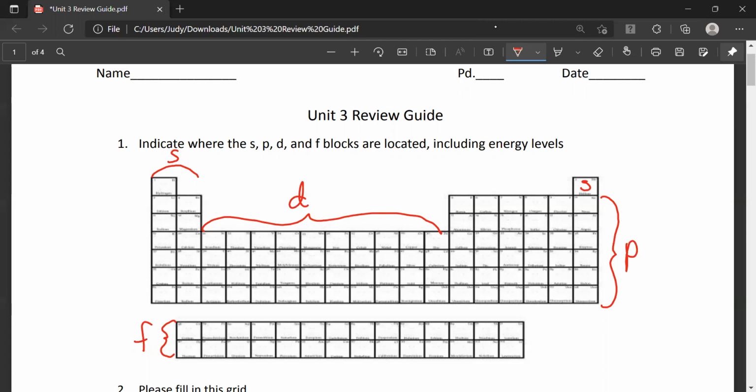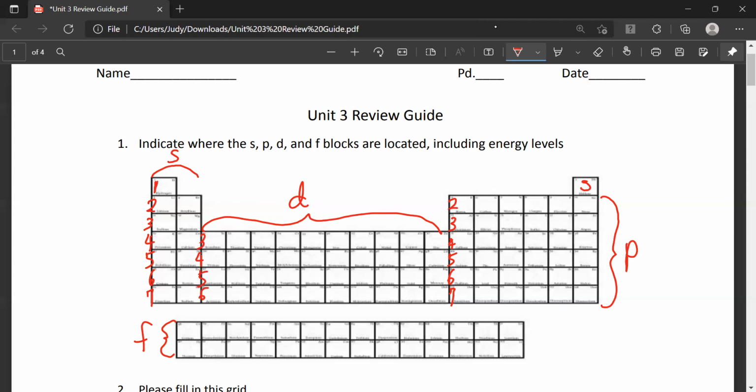Now, a couple things you need to know is that S always starts out with the first energy level, and then second, third, fourth, fifth, sixth, and seventh. For the P block, they start out from 2, 3, 4, 5, 6, 7. For the D sublevel, we start out with 3, 4, 5, and 6.